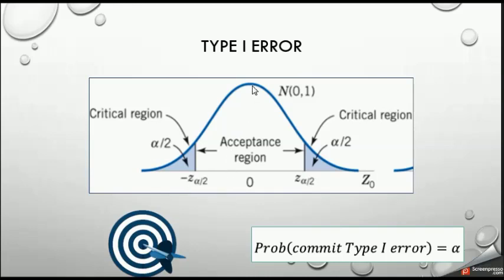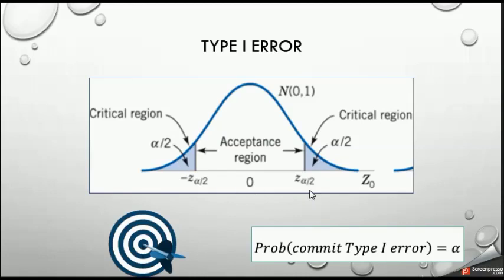The values of this distribution lie from minus infinity to positive infinity. But when we have chosen the confidence level, in fact we have sacrificed alpha of the values. So for example, if the acceptance region is 95%, we have sacrificed 5% of the data, half to the right and half to the left.